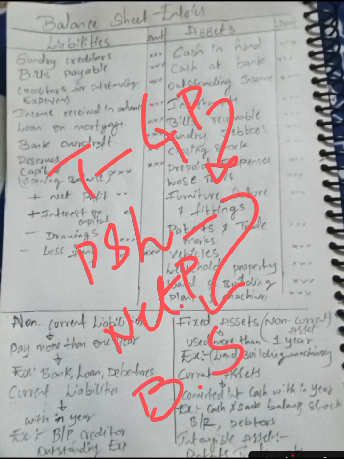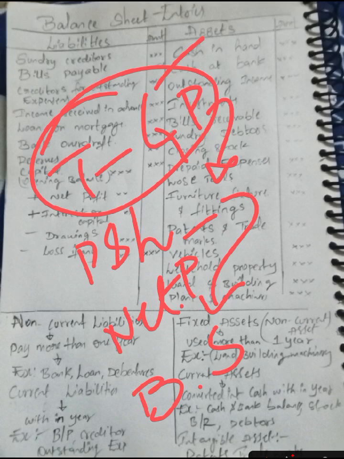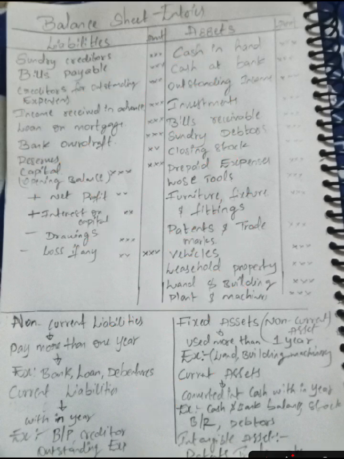These are interlinked to each other. First the trading account, we will prepare at manufacturing level with direct expenses and income. We will get gross profit or gross loss, which we transfer to the profit and loss account. In the profit and loss account, we enter all indirect expenses and incomes. If you get net profit or net loss, that is transferred to the balance sheet. Here the final statement, the balance sheet, we will prepare.